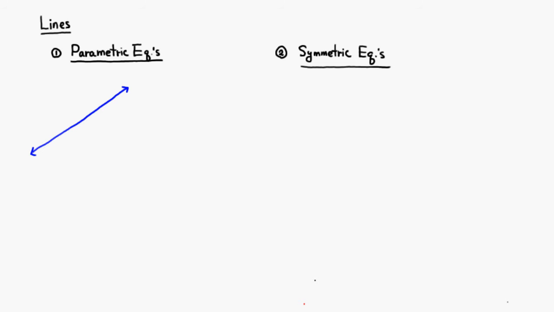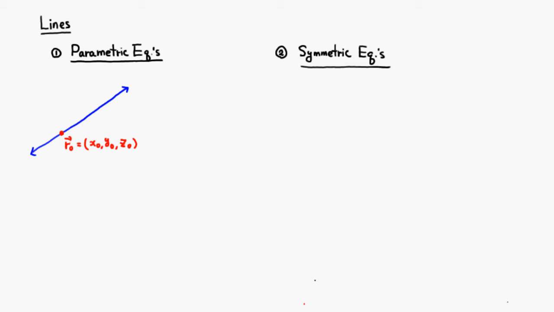Let's say you have a line in space. This is in blue. In order to specify or identify a line, you need to know at least a point and the direction vector. So let's call this point R0, which has components x0, y0, z0.